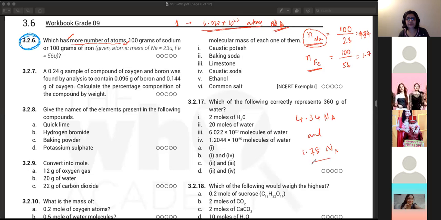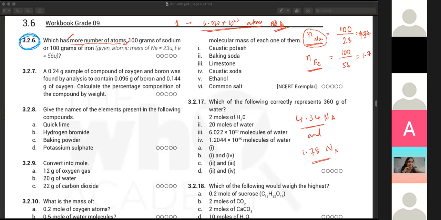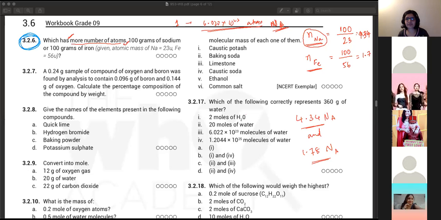Which one is greater? 4.34 Na is greater, so this will have the greater number of atoms.